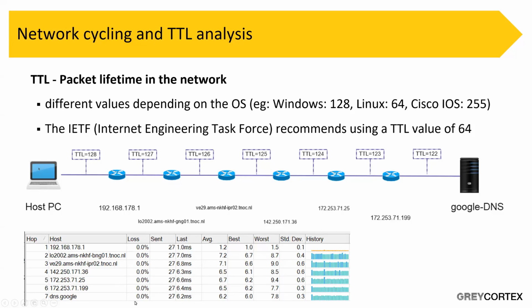You can see the percentages of loss of data and the number of packets sent. You can see the lowest, the average, the best and the worst response times, the round trip times. And to the right, there is the history. The green ones are the lowest, the blue ones take a little bit longer, and when it's red, you can see that it's broken there.